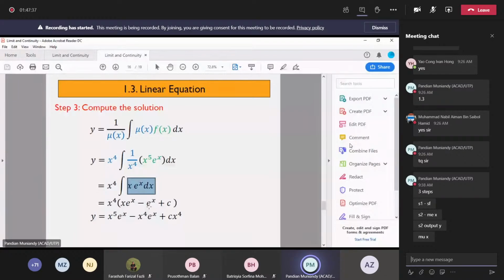So x e^x minus e^x plus c. But this c must be together with x power 4. So you simplify: x power 5 e^x minus x power 4 e^x plus c x power 4. So this is your final output: y equals x power 5 e^x minus x power 4 e^x plus c x power 4.